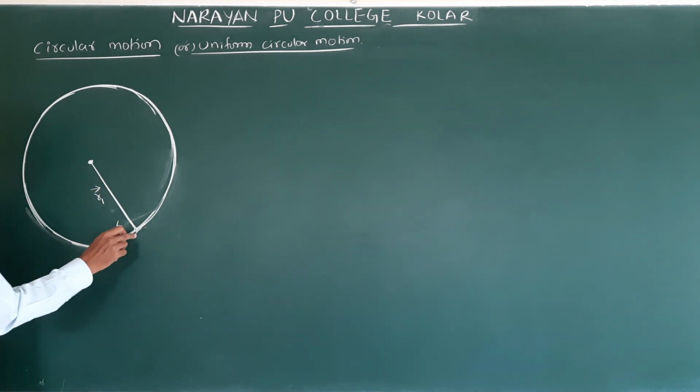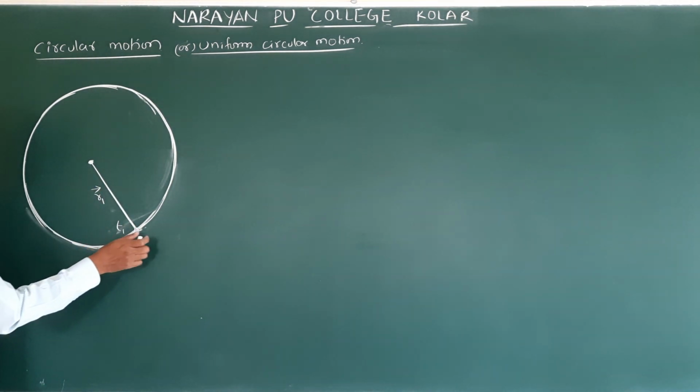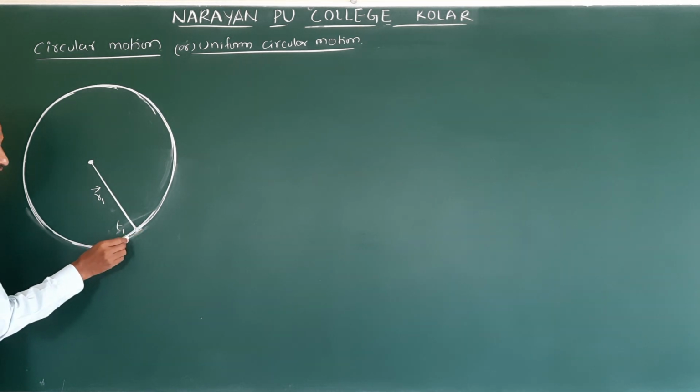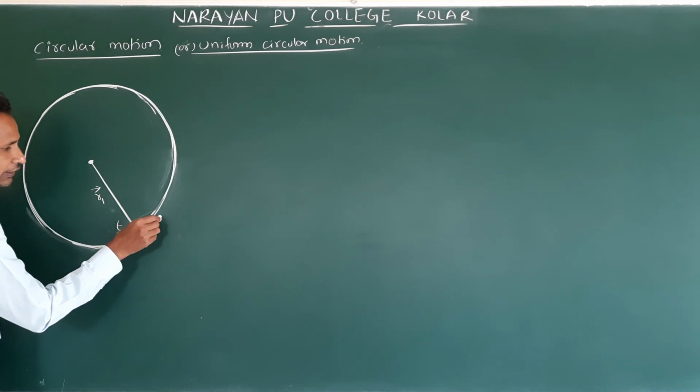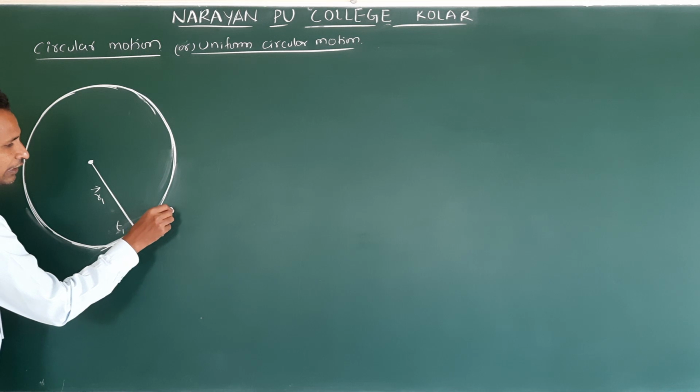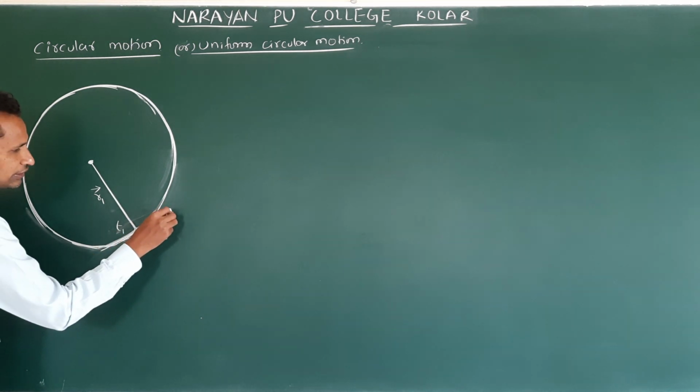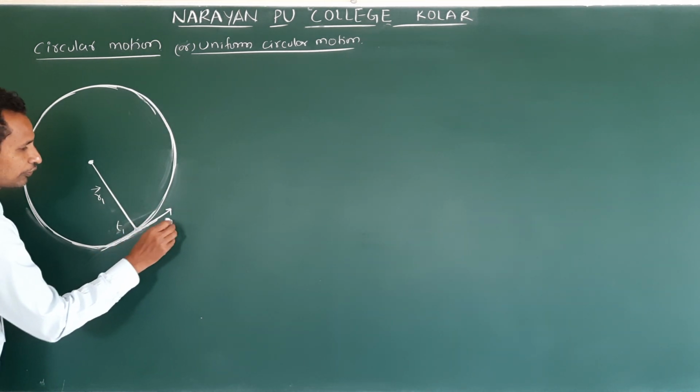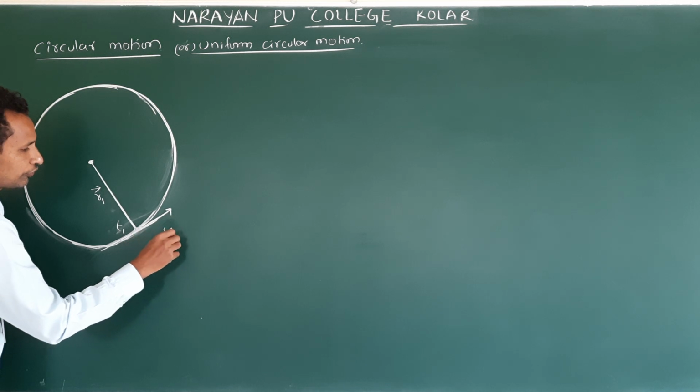For this path, we already mentioned how to find the velocity direction. If you draw a tangent, this shows the velocity of the object at this point. This is v1.